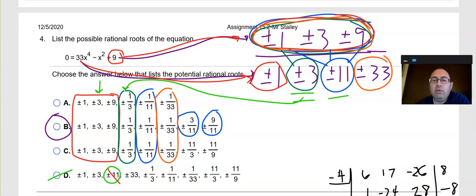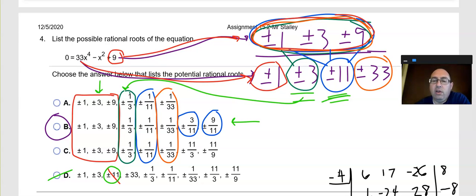We'll then move over to the blue here. We are dividing 1, 3, and 9 by 11. We're going to get 1 over 11, 3 over 11, 9 over 11. 3 new ones that have to be added. Well, ding, ding, ding, you just found the right answer because all 3 choices had 1 over 11, but only one of them had 3 over 11 and 9 over 11.